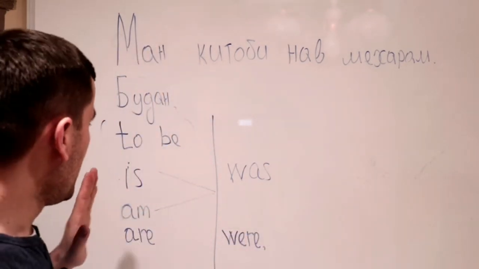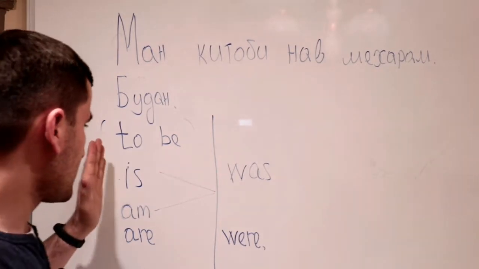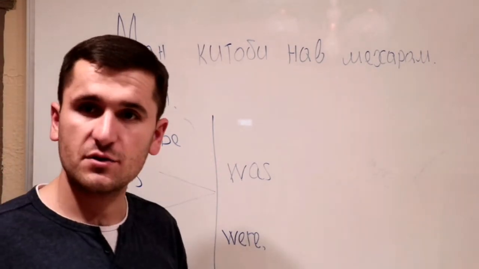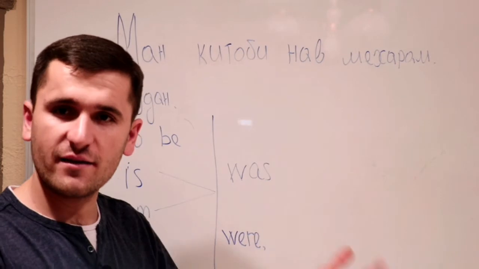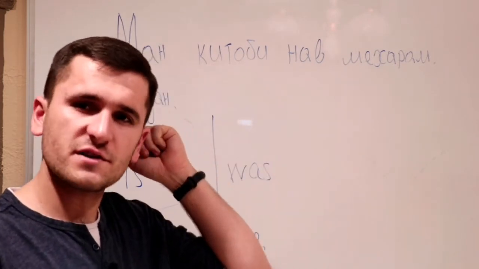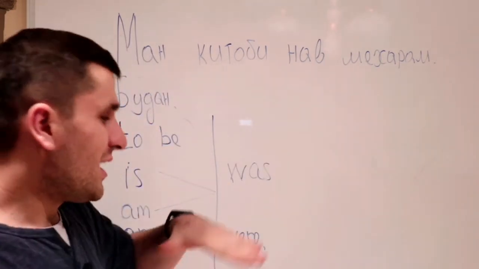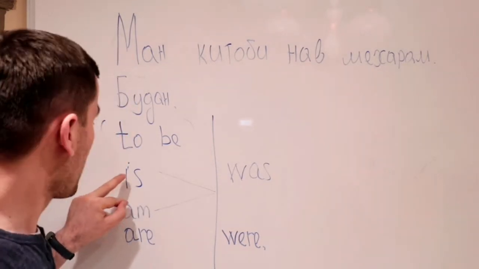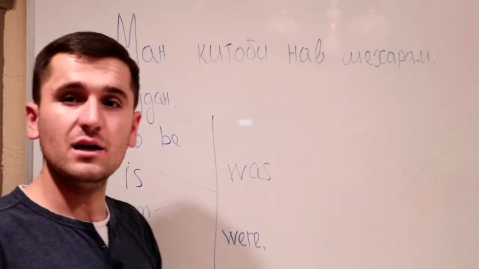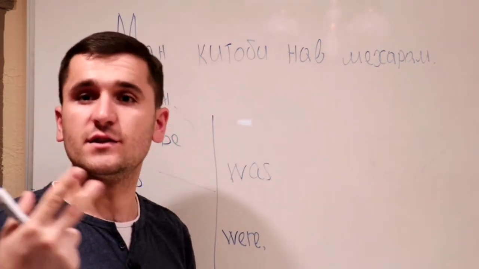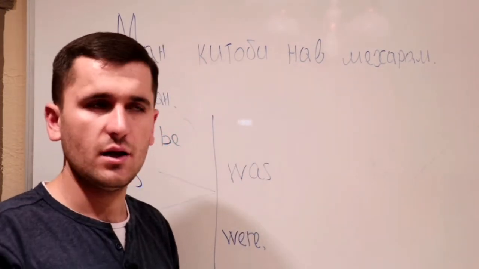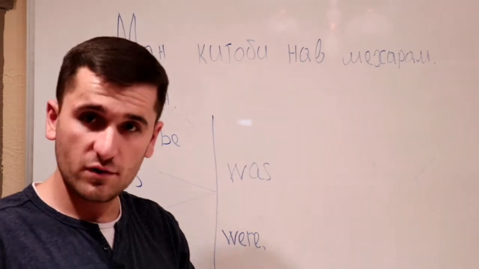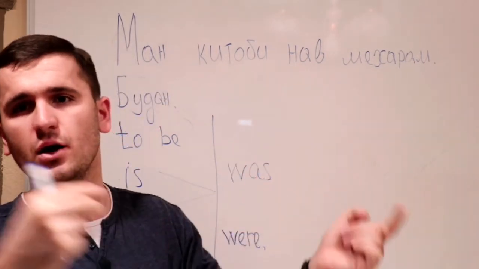So you see, for example, in present tense, when you say I am a student, or he is a student, or my father is a student, or a driver, in past tense, you use for both words only one. For example, I was a student last year. Last year means not now, but 1 year ago.